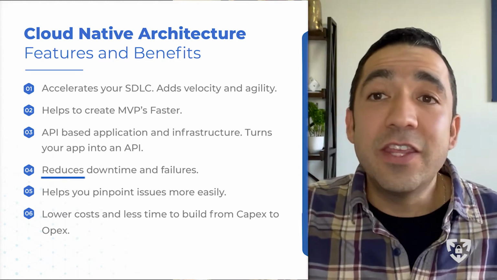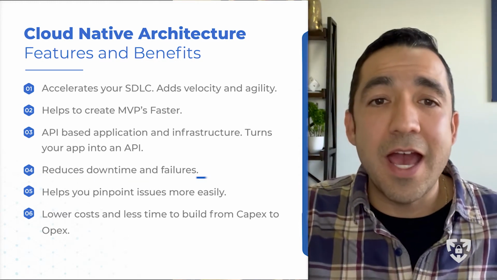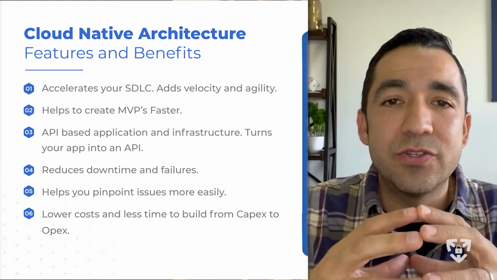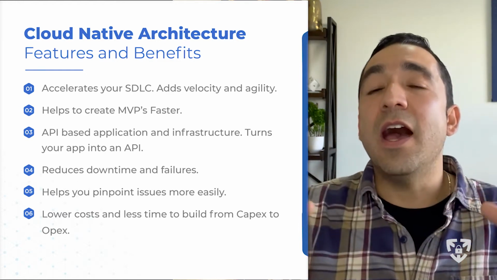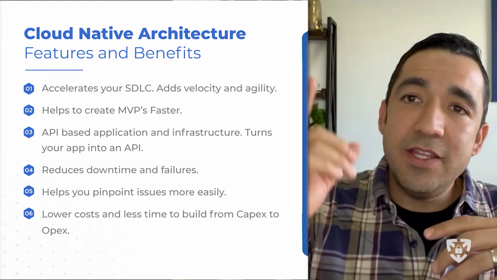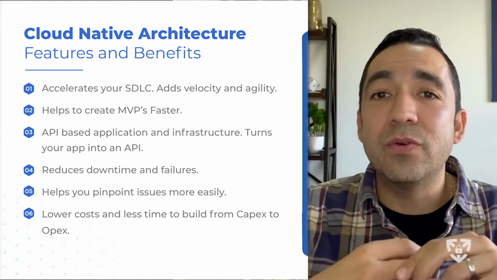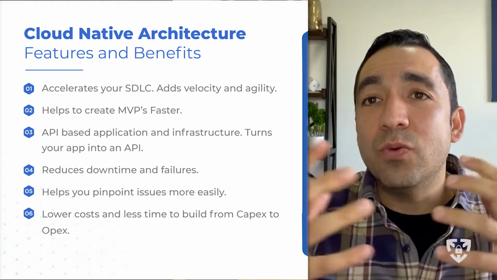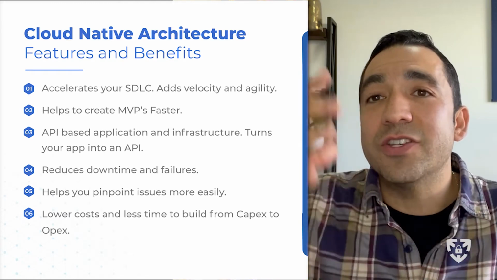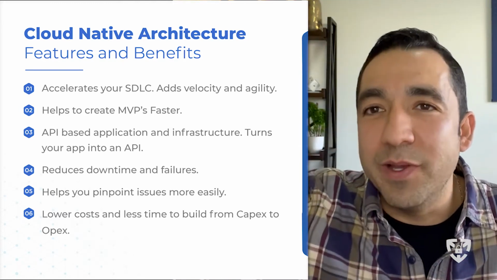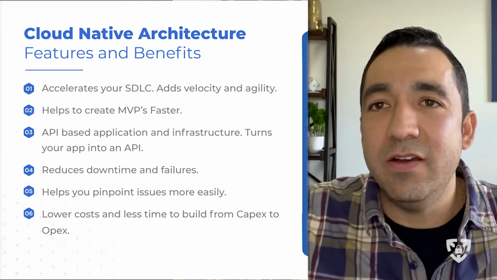Number four, it helps you reduce downtime and reduce failures. Since you are relying a lot on the services in the cloud, you don't need to worry about downtime and failure because those services are already built, tested, and free of bugs.